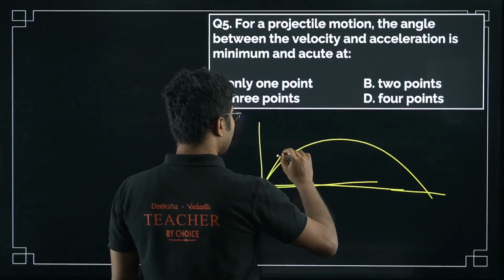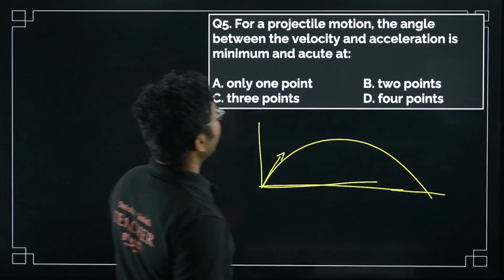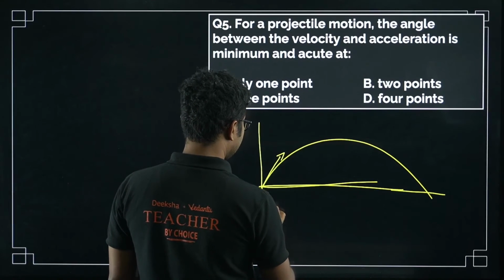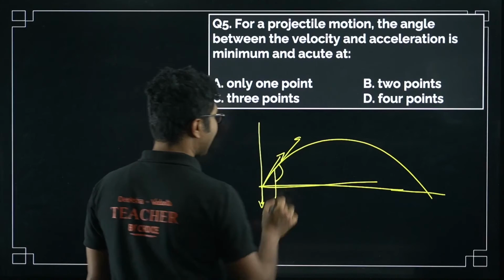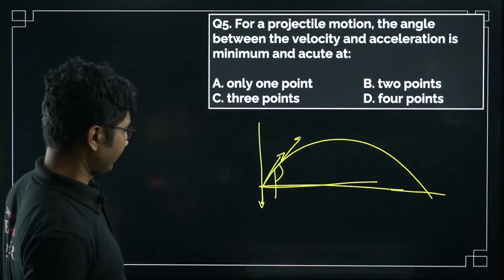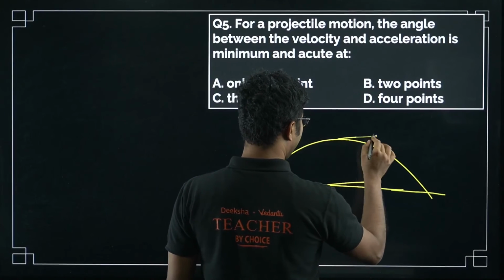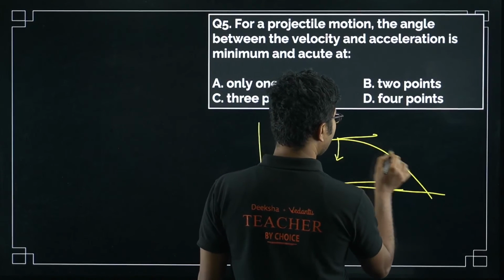This is the direction of velocity, and this is the direction of acceleration. So velocity is like this, acceleration is like this, and this angle is maximum, an obtuse angle.